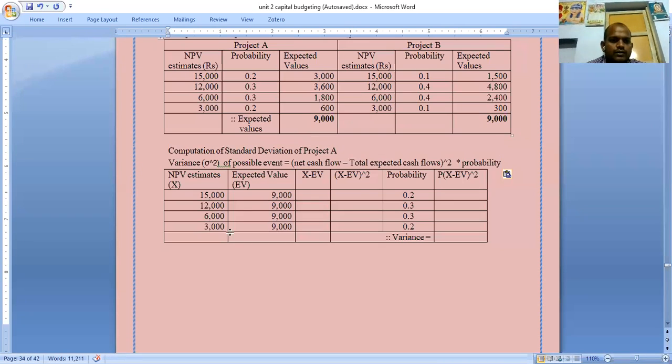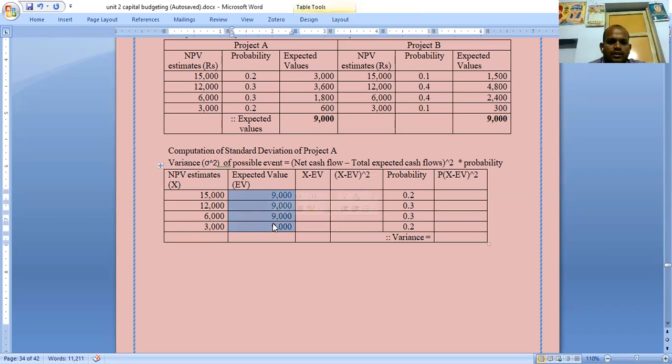So this is the formula of a variance, sigma square of possible events. Net cash flows are NPV estimates minus total expected cash flows. Total expected cash flows of project A is 9,000. So these are the deviations for each and every possibility of event.